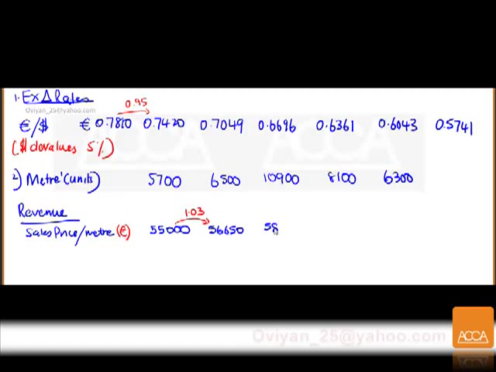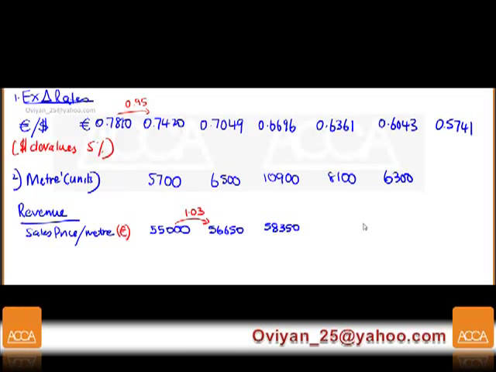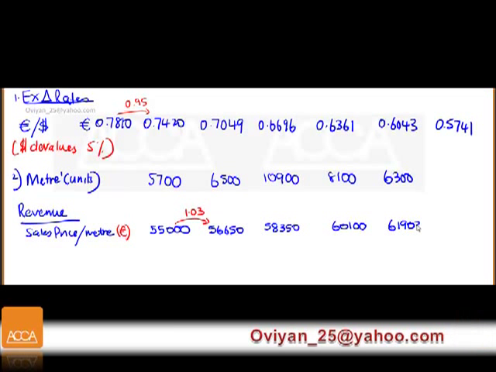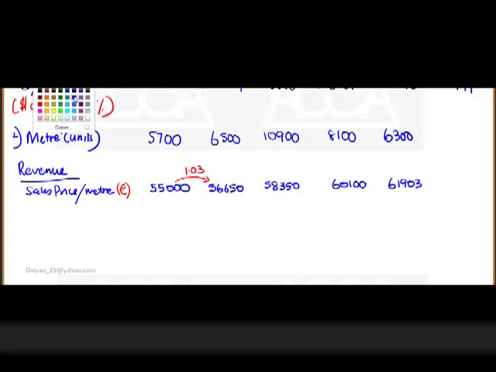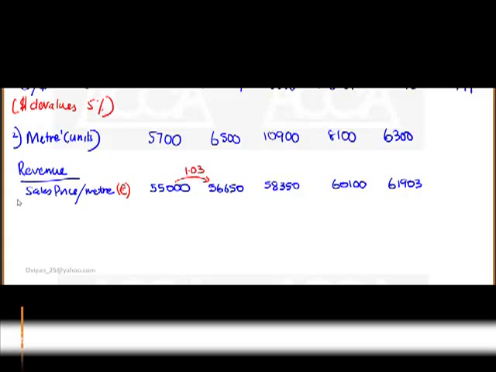You're going to get 58,350. Please check. 60,100, and 61,903. So you're going to inflate them by 3%. Then you're going to get something called total revenue.